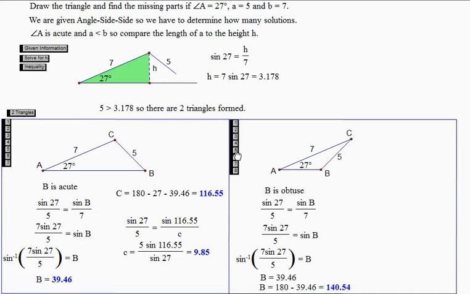What we need to notice here is that if B is obtuse, this new angle B is going to be supplementary to the angle B we found before.